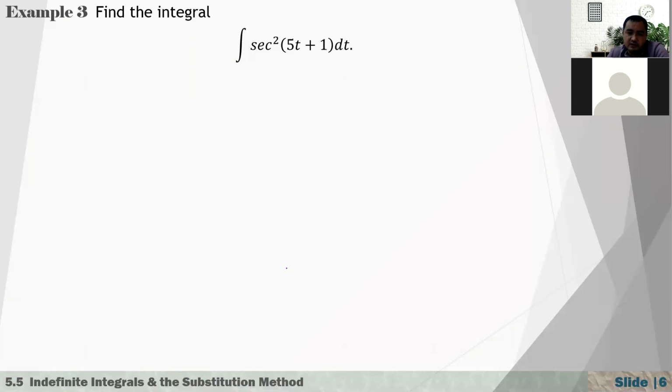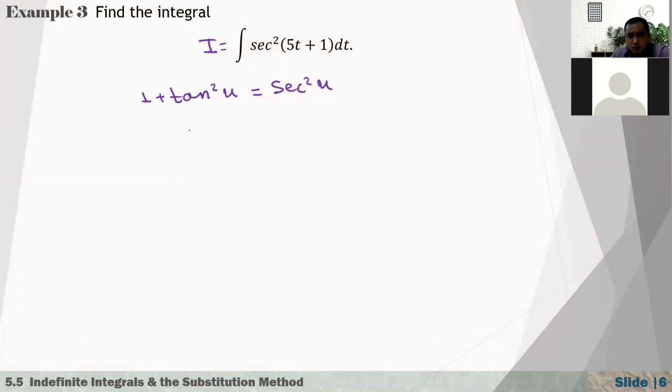Another example, find the integral. Let's say I is equal to the integral of secant squared of 5t plus 1. Okay, so if you remember one identity before we continue: 1 plus tangent squared of u is equal to secant squared of u, right? So instead of secant squared of u, I can write 1 plus tangent squared of u.